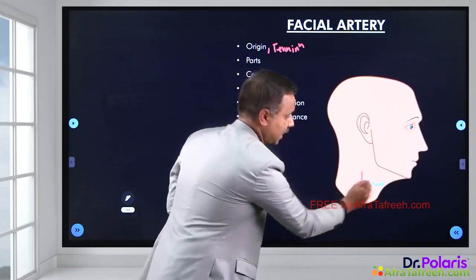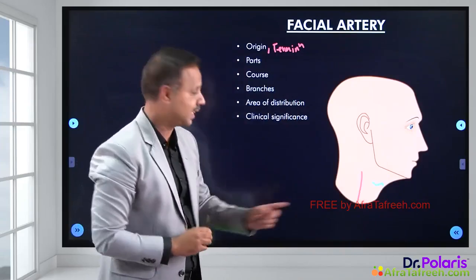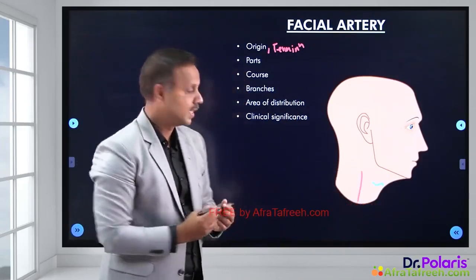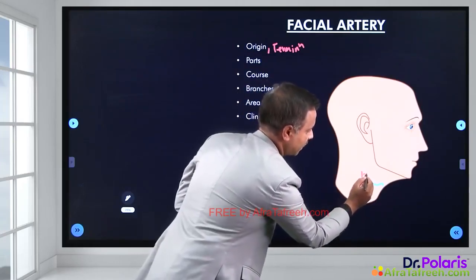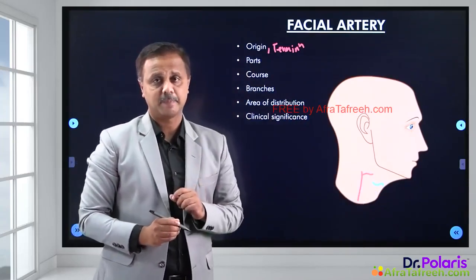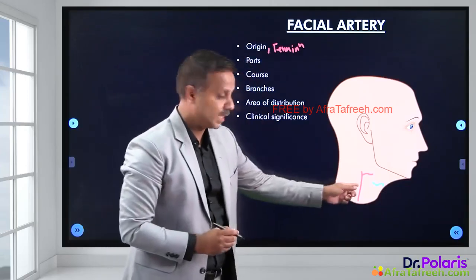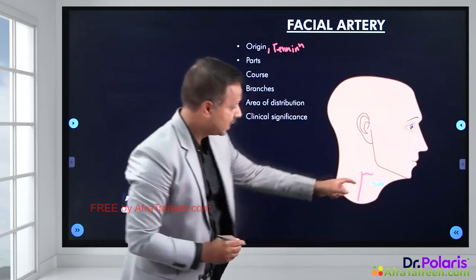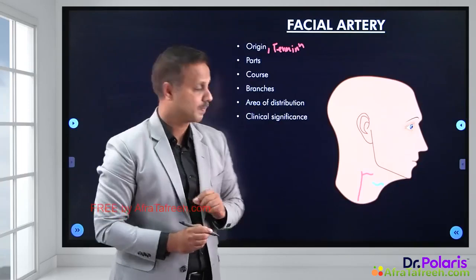Just in front of the tip of the greater cornu of the hyoid, we have the carotid triangle and the external carotid artery. The facial artery arises slightly above the tip of the greater cornu of the hyoid bone in the carotid triangle.